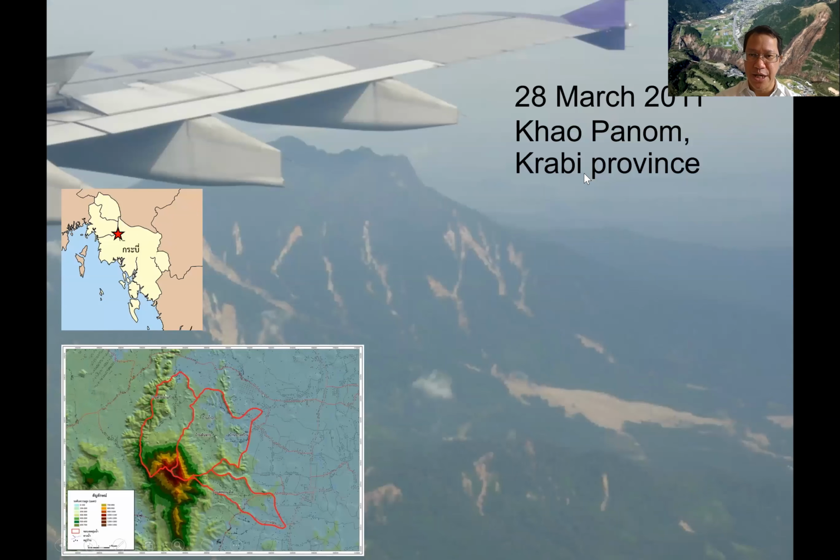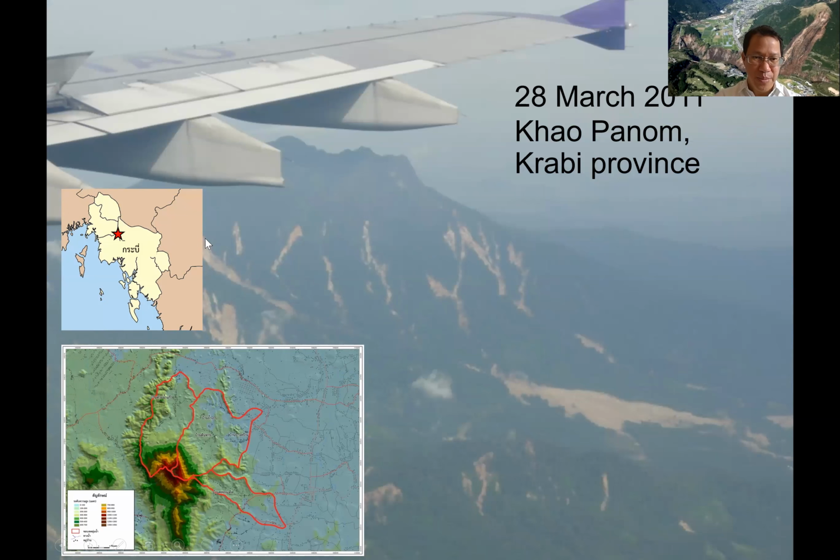This is another example, in Krabi province in Thailand in 2011. This is the mountain. I took this photo from the airplane when I was going to this landslide location.